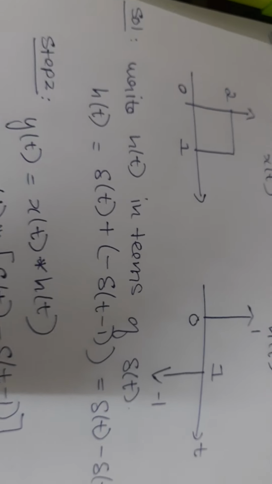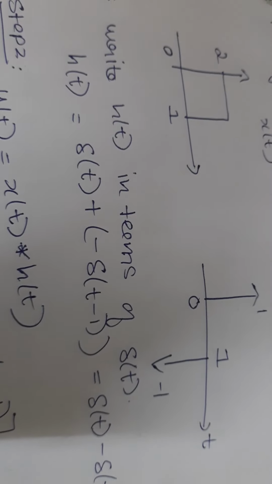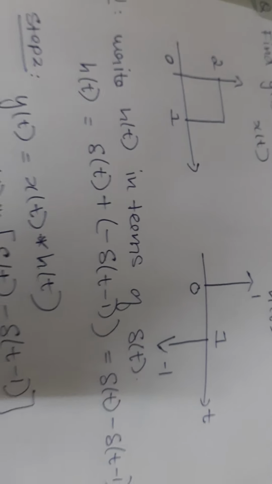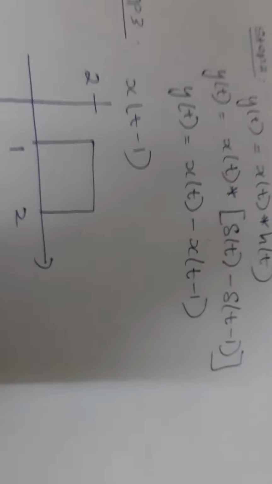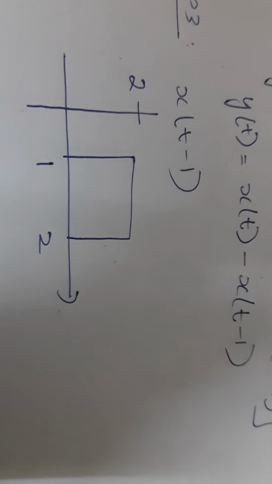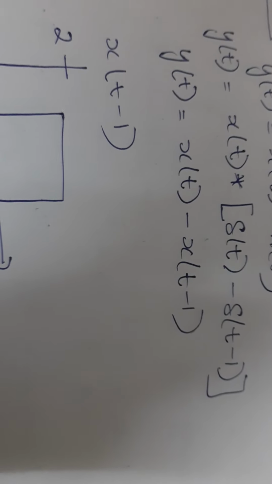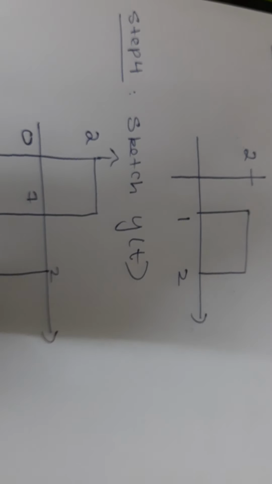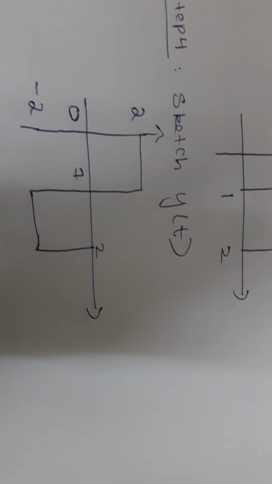So h of t is 0 to 1. So t minus 1 means shifting to the right by 1 unit. So that will be a step signal from 1 to 2. Now let's sketch the final signal, which is h of t minus h of t minus 1. So this will be my answer.